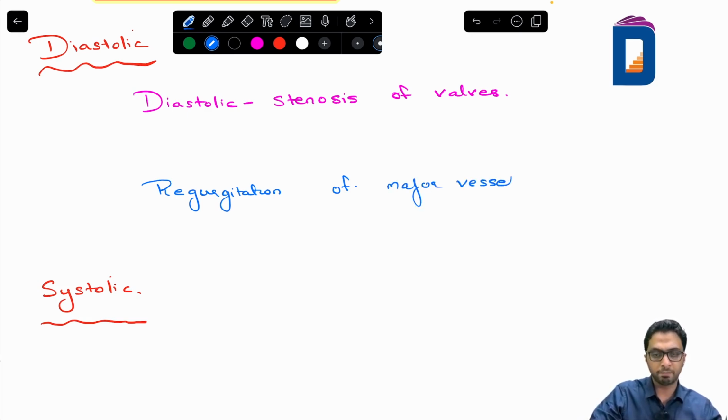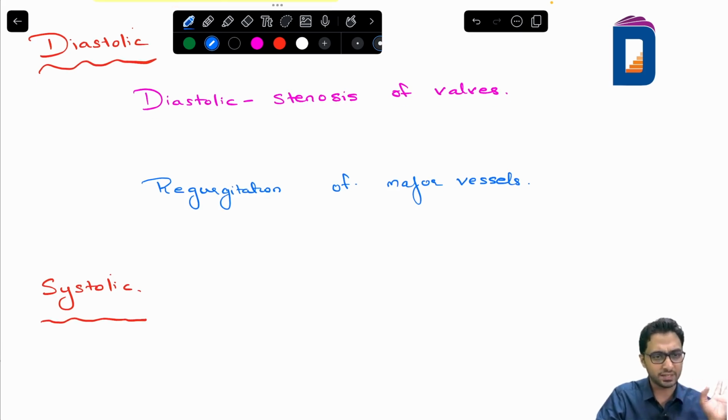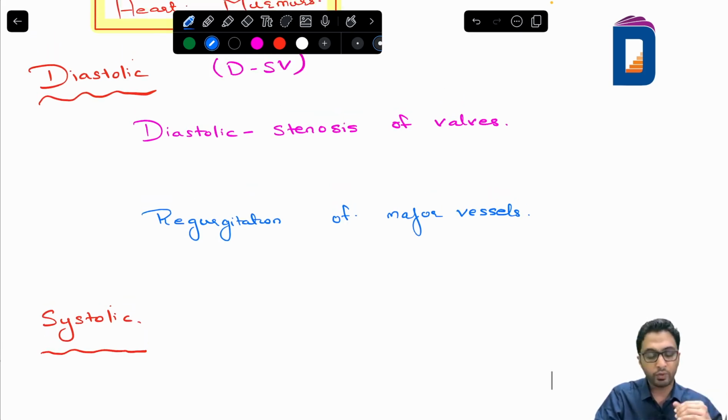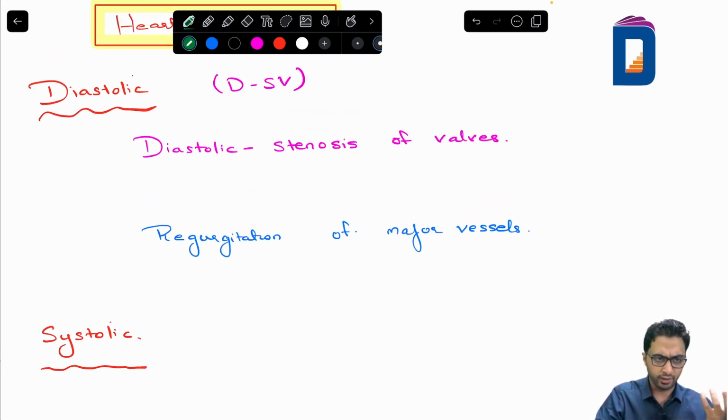What are the two valves? Mitral and tricuspid; the mitral is bicuspid. And what are the two major vessels? Aortic and pulmonary. So these are the conditions where you see it. Those who don't know, I'll give you the names in detail. Then you substitute it again. Once you know this, it is super easy.